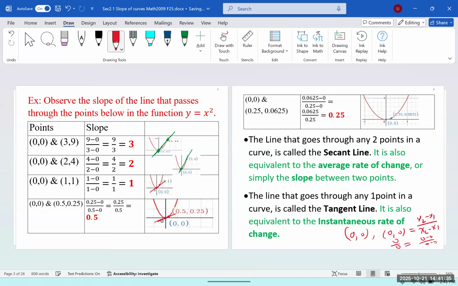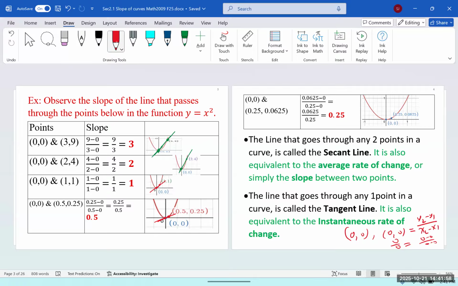So we have 0 over 0. What is 0 over 0? Is it 0? It doesn't exist. So we cannot find the slope at 0 using the slope formula. So we cannot use a formula. That's why we invented the derivative.